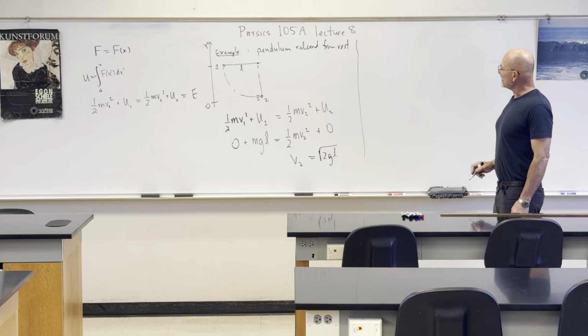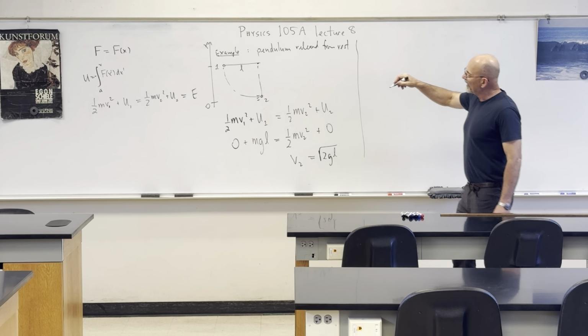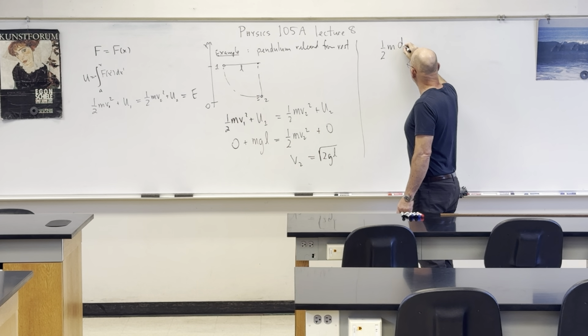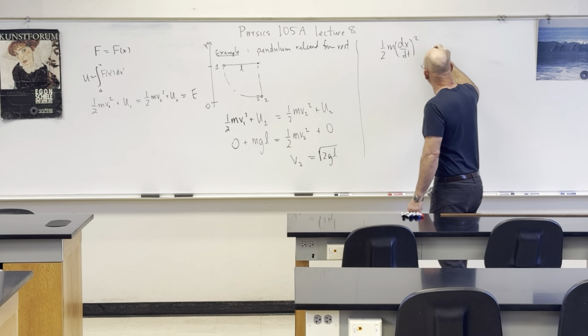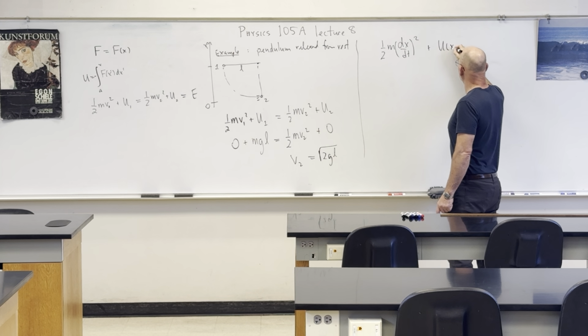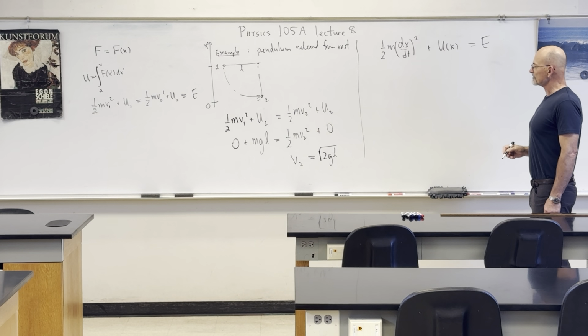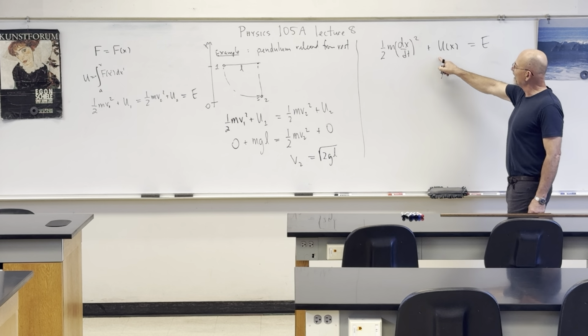But now we're taking it a step beyond that, and we're going to say we have 1/2 m (dx/dt) squared plus U of x is equal to E. And this is what we were working on last time.